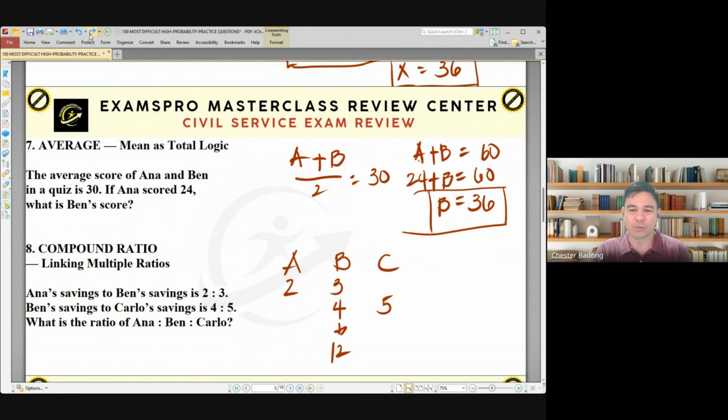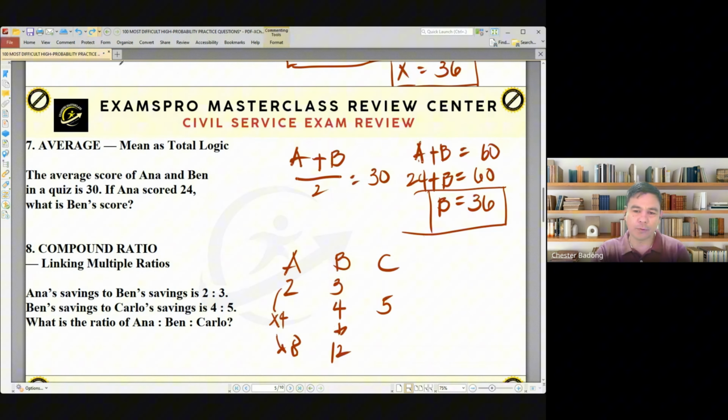Okay? So, yung 3, naging 12. That means na-multiply yung 3 ng 4. Yun din po ang gagawin natin sa 2. Multiply 2 by 4 para balanced pa rin yung ratio. So, if you multiply it by 4, it becomes 8. So, yung 2 is to 3, parehas lang po yan ng 8 is to 12. Ratio pa rin siya.